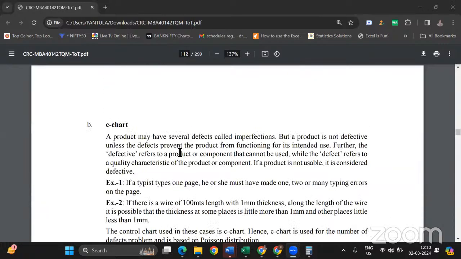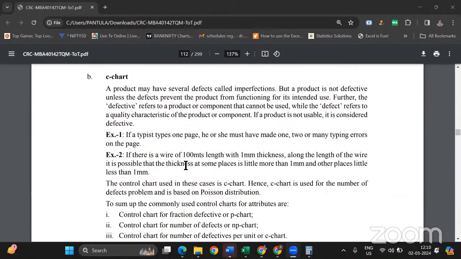Now the C chart. It talks about a product that may have several defects, called imperfections. But a product is not defective unless a defect prevents the product from functioning for its intended use. A defective refers to a product or component that cannot be used, while a defect refers to a quality characteristic of a product component.